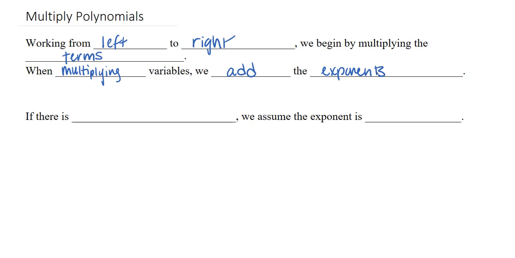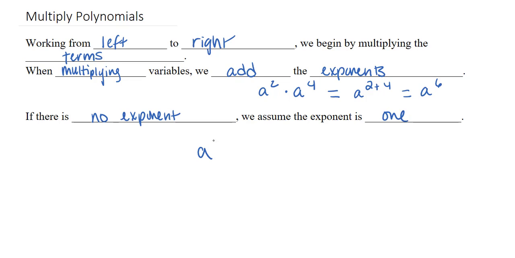And this is just like in numbers. So if we have a squared times a to the fourth, that actually becomes a to the 2 plus 4, which is equal to a to the 6. Now, if there is no exponent, if it just shows a, we're going to assume that the exponent is 1. So we can put a 1 there.